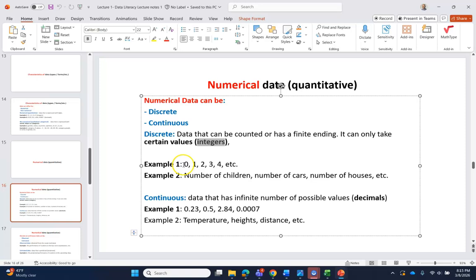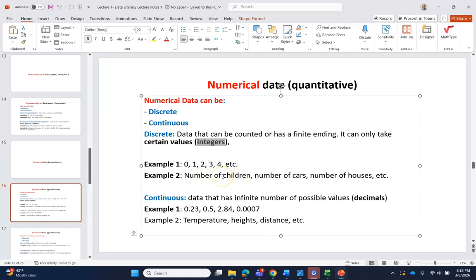They are discrete. We don't have decimal points here. So the way we analyze this data is different from the way we can analyze continuous data, and we're going to see that as we move on to other topics. So discrete kind of data is when we are looking at the whole numbers.